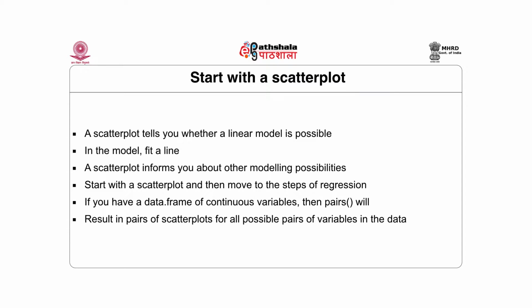It is also quite possible that different parts of the scatter cloud can be modeled differently, and therefore you'll have to come up with creative solutions as to how you can make those calls. Nevertheless, it is always good practice to start with a scatterplot and then progress into other steps of regression.